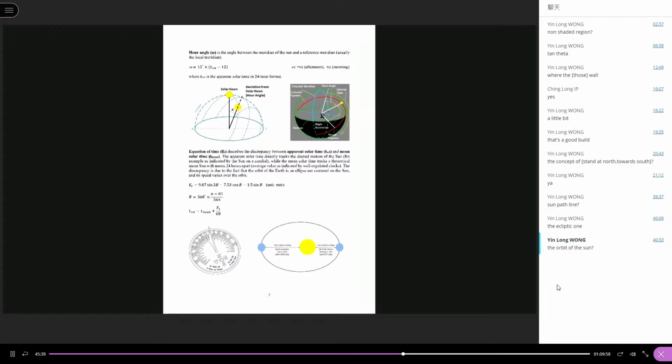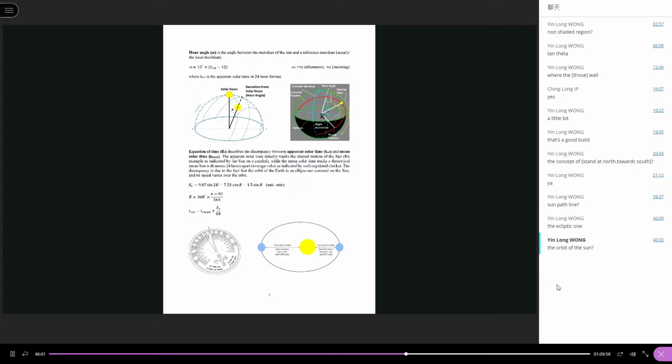And then we have the hour angle. The hour angle is measured from the north-south vertical plane.